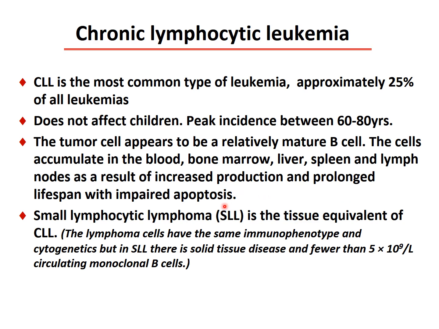So they are going to proliferate and they are not going to die because the shutdown mechanisms are altered. This is why I said the BCL2 apoptotic signal is altered. There is another type of lymphoma, small lymphocytic lymphoma, which is identical with CLL, except that it is a tissue-localized version of CLL, as you learn in pathology.